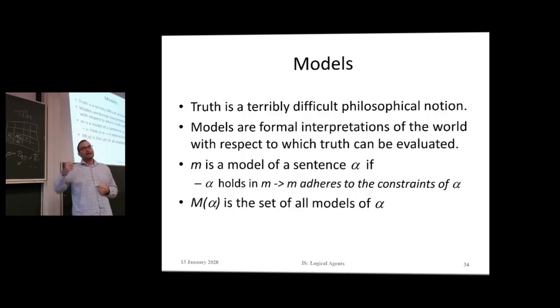And logicians and computer scientists in particular are usually quite good at pragmatic solutions. So whenever we can't make a principled decision on what truth means, then we come up with an operationalization of it. And basically what Tarski did was this operationalizing of the notion of truth.